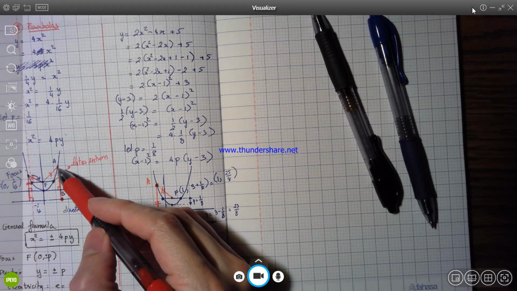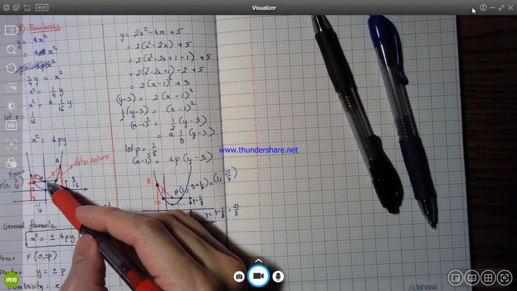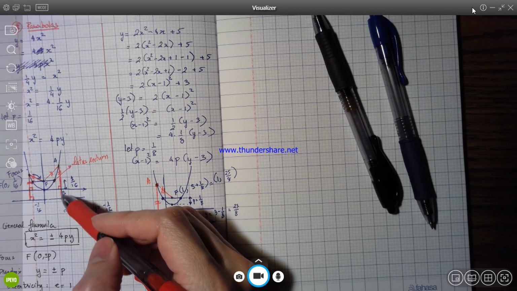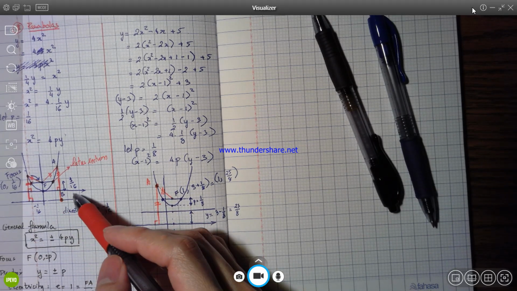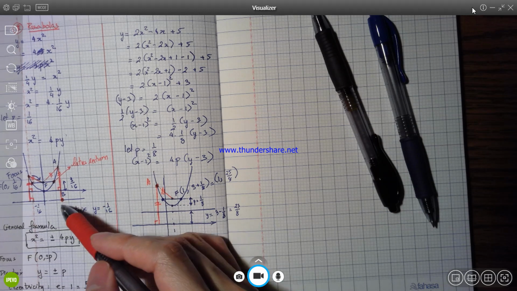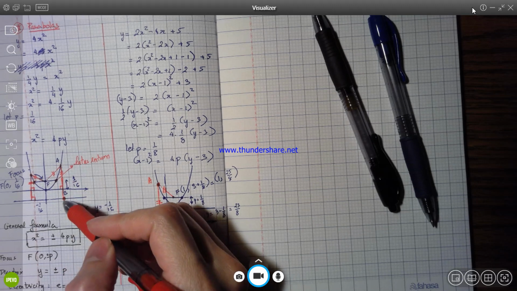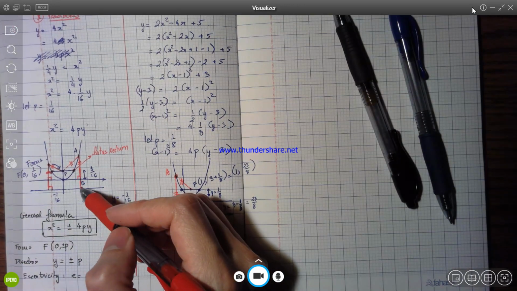So the distance between A and F is equal to the distance between A and B. AB is the segment perpendicular to the directrix. It's not just perpendicular to the x-axis, it's also perpendicular to the directrix. And FA equals AB, from here to here.